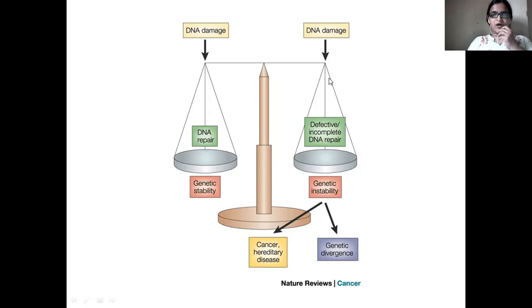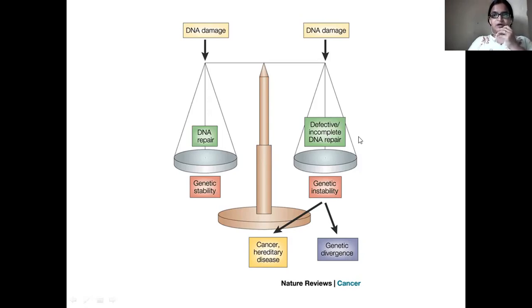So on the other hand, when there is a damage in the DNA which is leading to defective or incomplete DNA pairing, or in other words, there is no DNA repair here, in such times it will lead to genetic instability, which can cause cancer or other hereditary diseases, and it may also lead to genetic divergence.